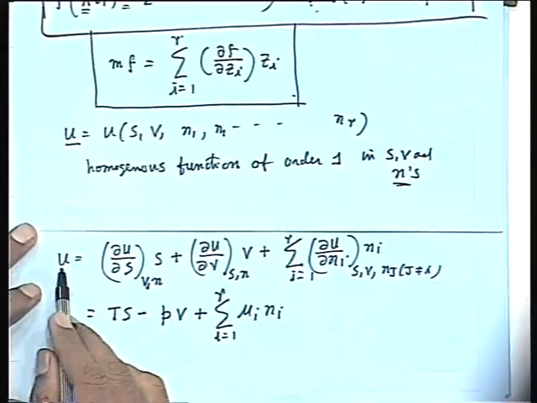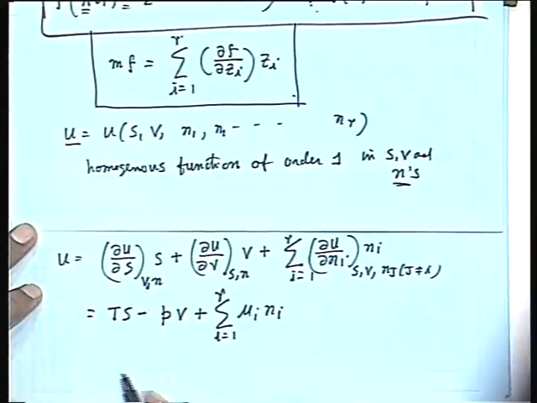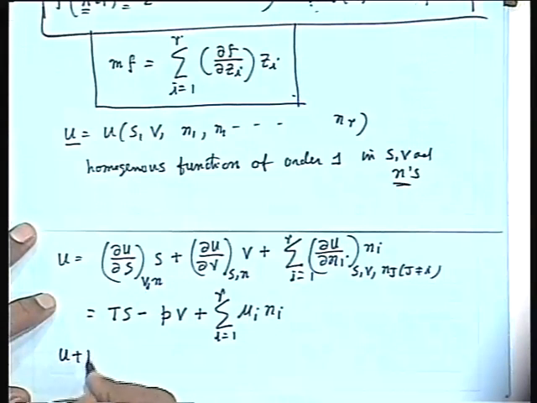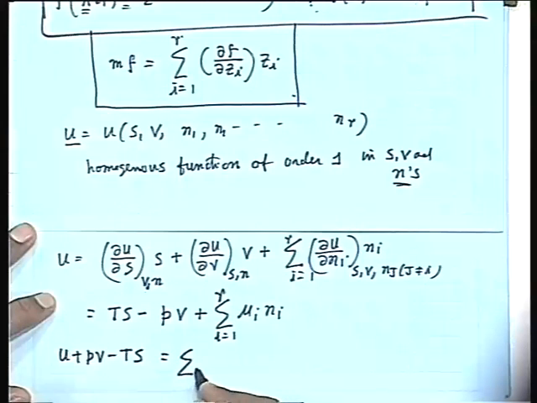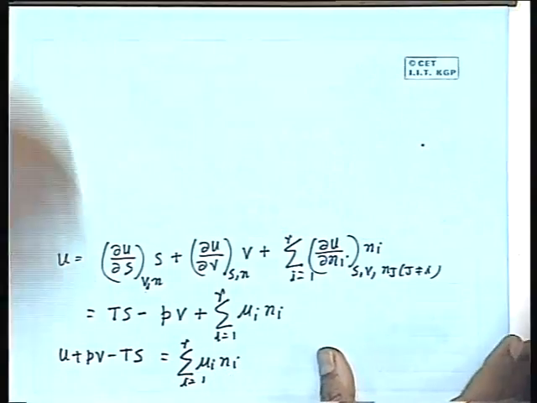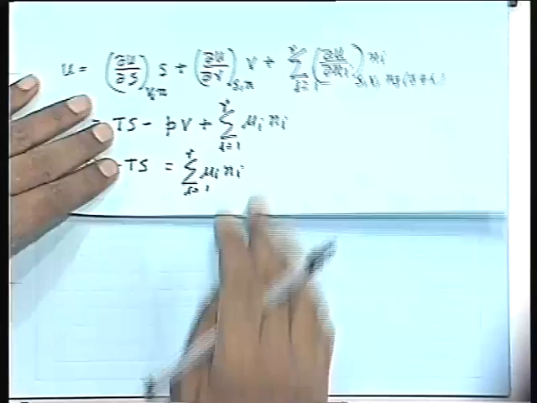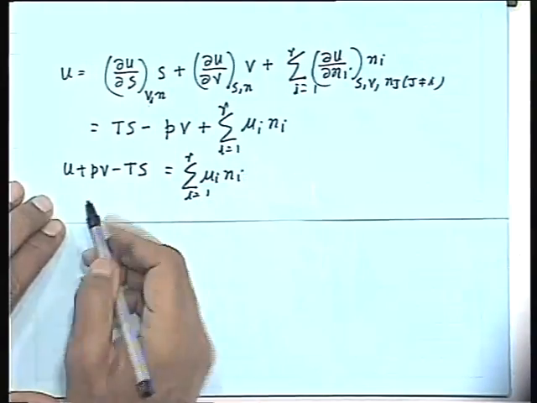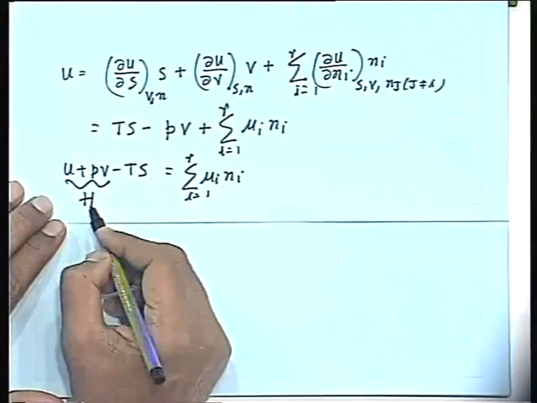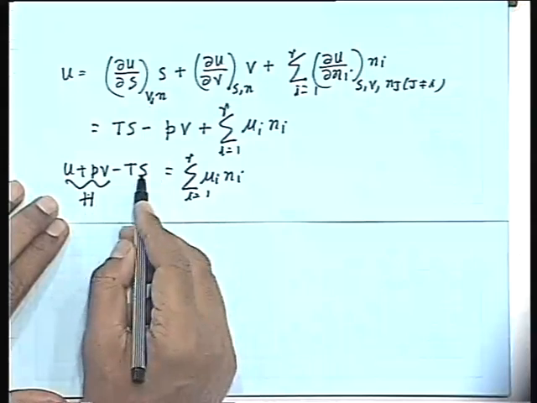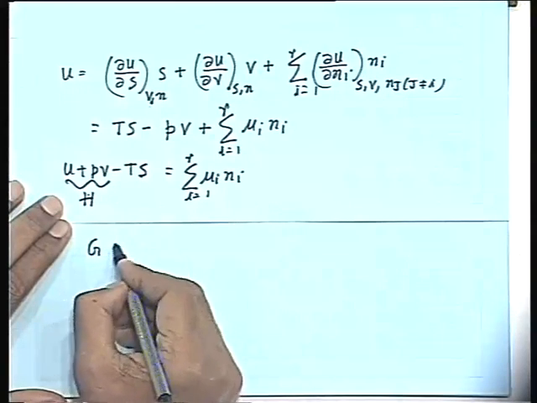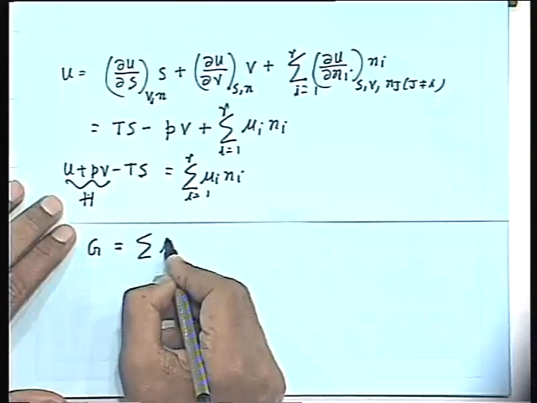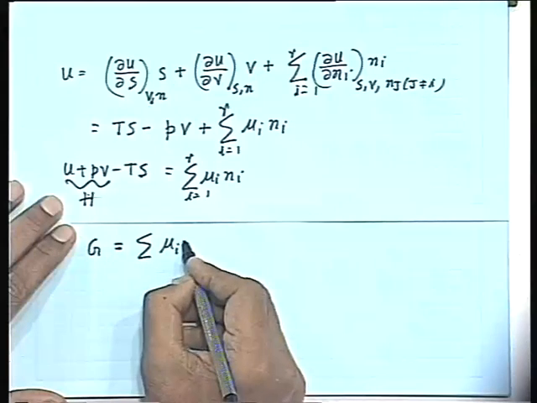Now if I take this to the left hand side, it becomes U + PV − TS = Σ μᵢ nᵢ, i = 1 to r. You know that U + PV is H, and H − TS is G. Therefore we can write G = Σ μᵢ nᵢ.